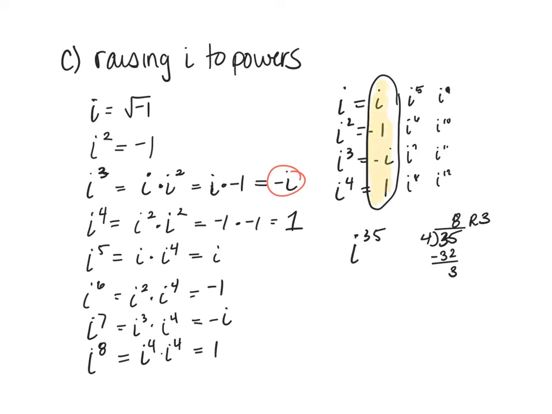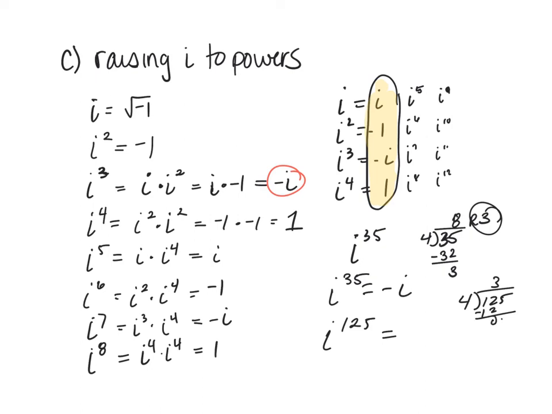Okay, these are our values, and everything's going to equal one of those things. So i to the 35th equals negative i, because my remainder was 3, and so I end up at i cubed. How about i to the 125th? Well, again, we're going to divide 4 into 125. 4 goes into 12 3 times.